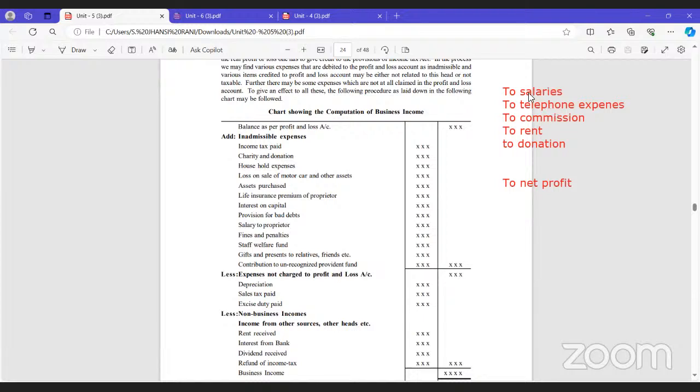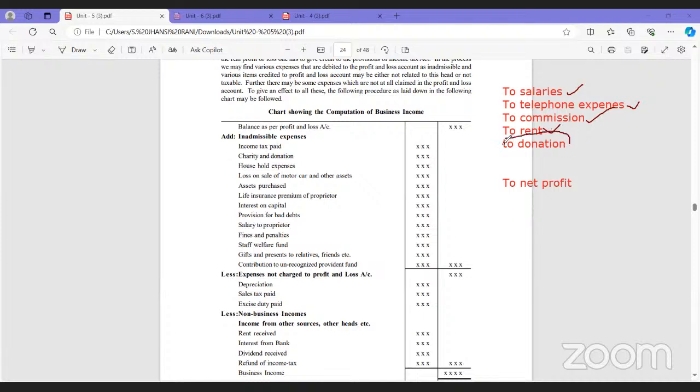But look at these expenses. Are all these expenses business expenses? Salaries is paid to the employees, so it's a business expenditure. Telephone expenses, because we have an office where we get calls, so this is also business expenditure. Commission we pay to the employees. Rent, if our business is in a rented building or commercial complex where we are paying rent, then it is a business expenditure.